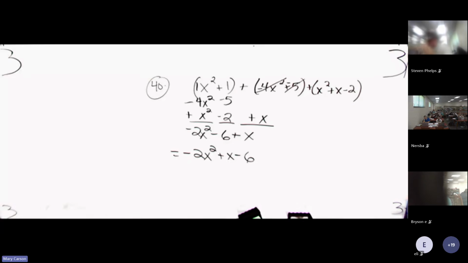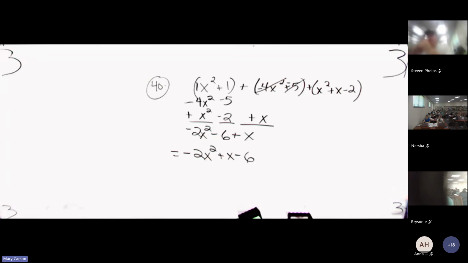These are where you had to FOIL or use the box method. 58 was 6x squared minus 10x minus 4. 70 was 9x squared minus 4. And then 88, I believe I gave you guys 88, didn't I?